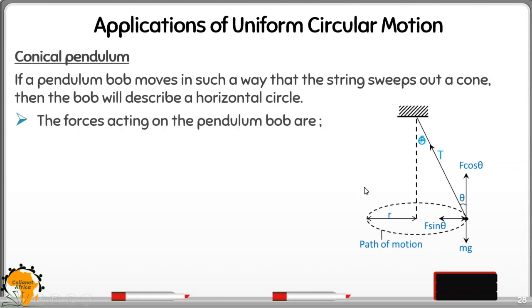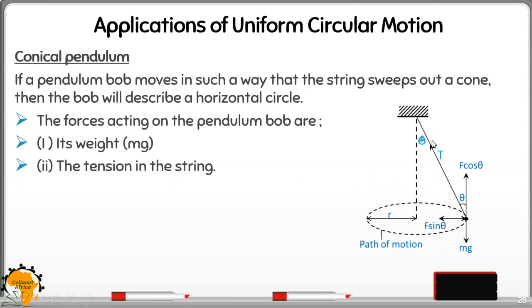The forces acting on this pendulum bob are, one, the weight, and number two, the tension of our thread or string. So as you move here, this will be the angle theta, and therefore you can get this force as F sine theta, and up there we have F cos theta.